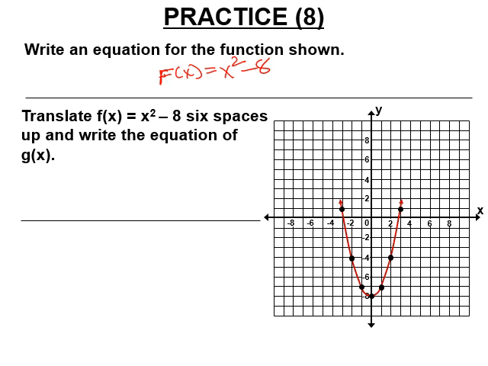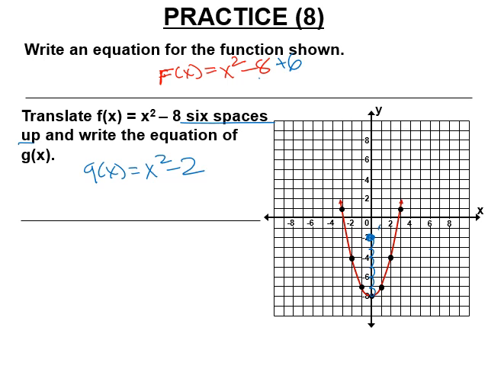All right, so now we're going to move that 6 spaces up. So we're going to add 6, but now we have negative 8 plus 6. So what's my g of x? Hopefully you realize it's x squared minus 2, right? If we move this up 1, 2, 3, 4, 5, 6, now we have a y-intercept of 0, negative 2.